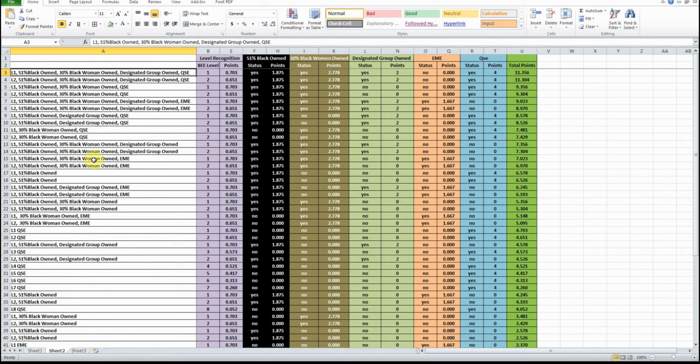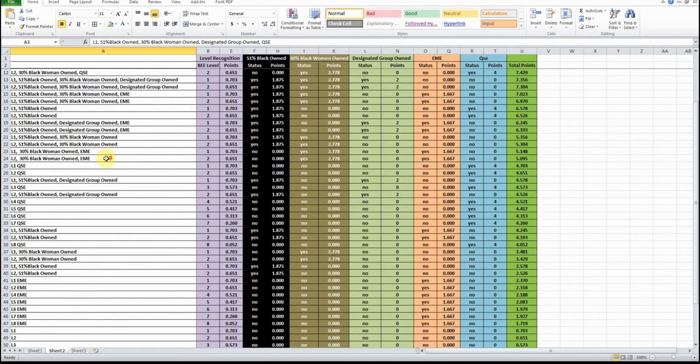The maximum points that you can get as a white owned company, if you have got no black ownership, if company B has 0 black ownership, the maximum amount of points that company A can get for 2.5 million rand spend with company B would be, as a level 5 QSE, 4.4 points. Well, 4.417 points. That's the maximum amount of points they will get.